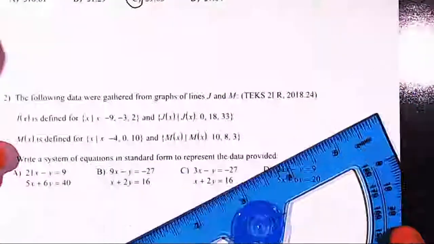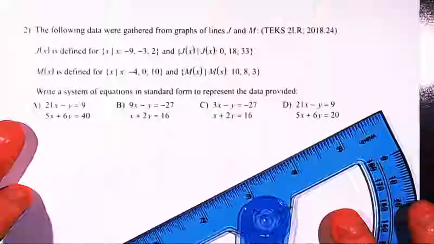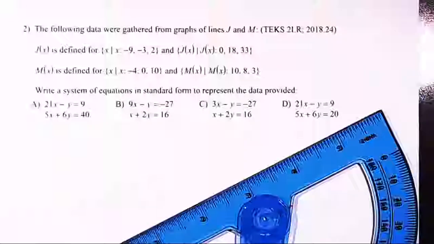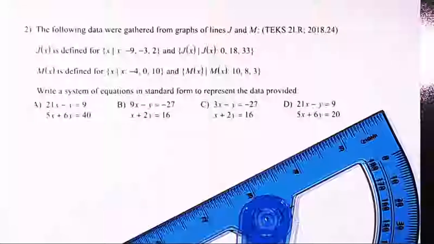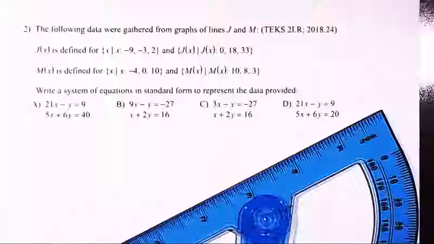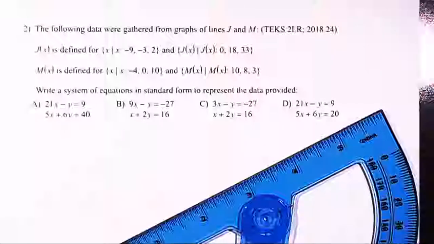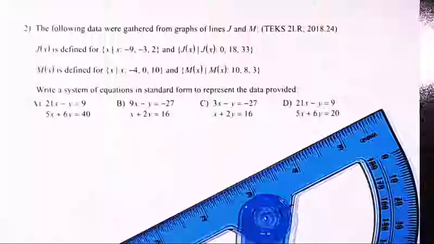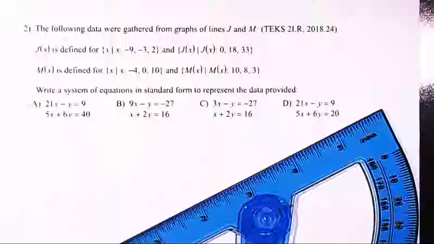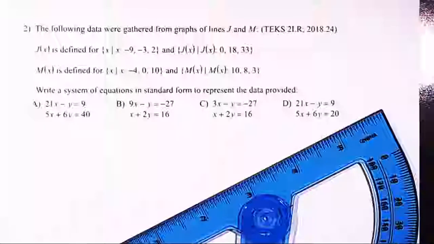Okay, moving on to number 2. The following data were gathered from the graphs of lines J and M. J of X is defined for all values of X such that X is -9, -3, and 2, and J of X is 0, 18, and 33.